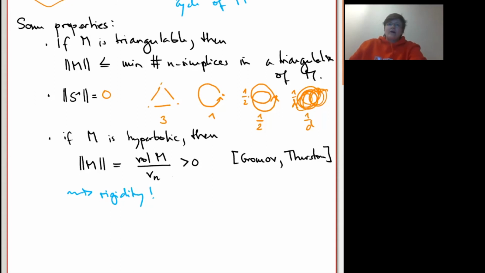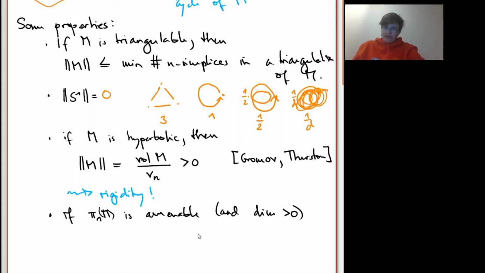Okay, and then also, the antagonist of hyperbolicity is amenability. So if pi_1 of M is amenable, and the dimension is non-zero, okay, so this is small print, then the simplicial volume of M is always zero.